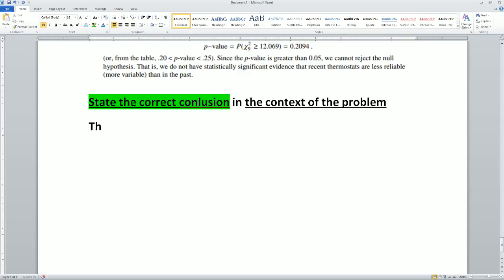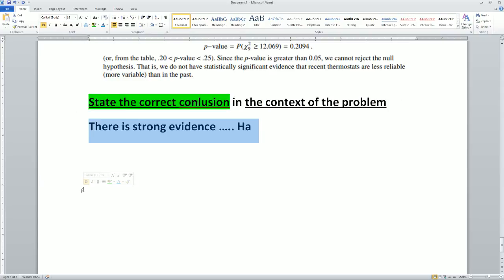Then you have to say there is strong evidence. Then you insert your HA statement. Does that make sense? That's sort of the format of how to do this.